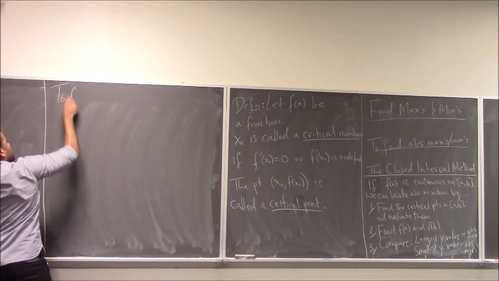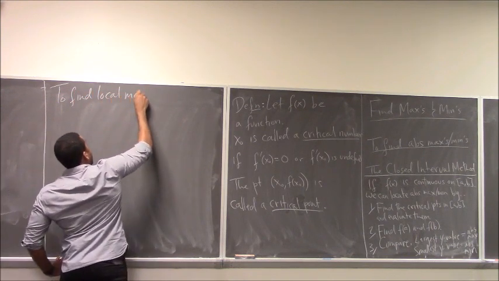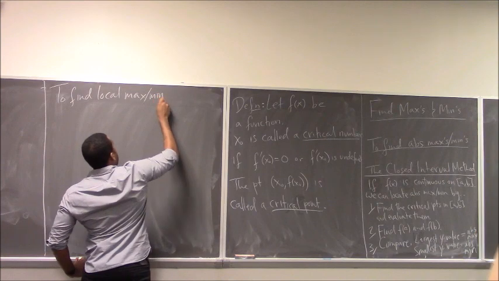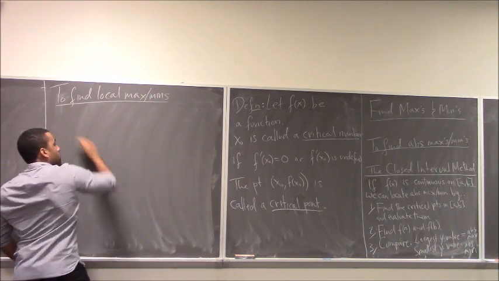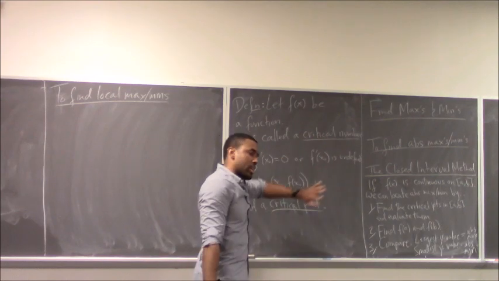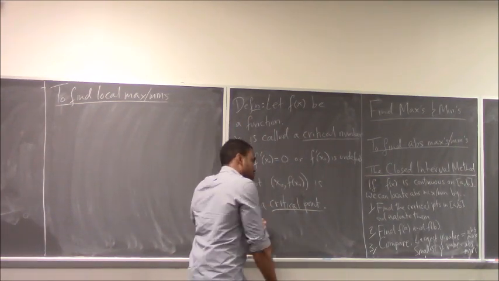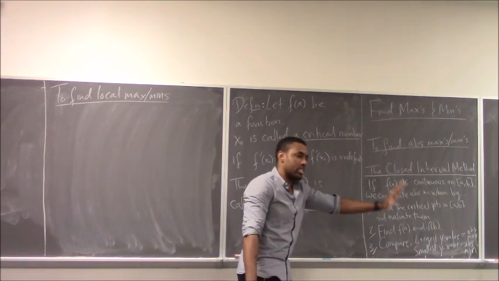To find local maximums and minimums, you can refer to that long ago when I gave you that table of all the derivatives. Here's what f does, here's what f prime does, here's what f double prime does, and all the things they can tell us and how you can find them.